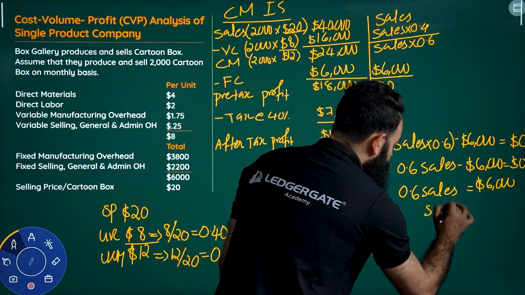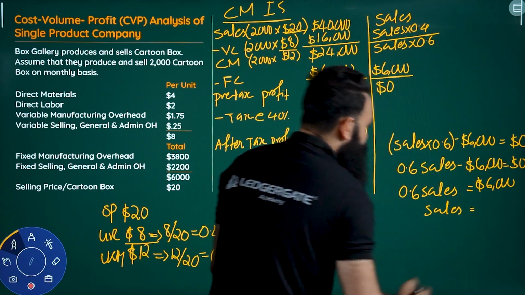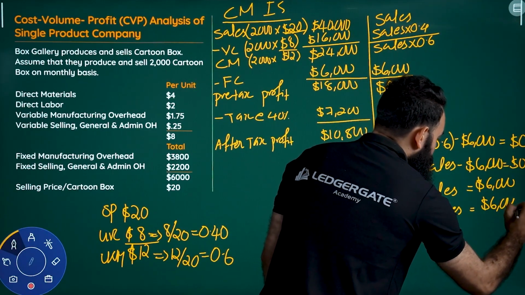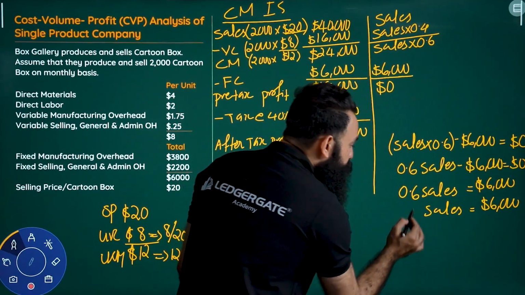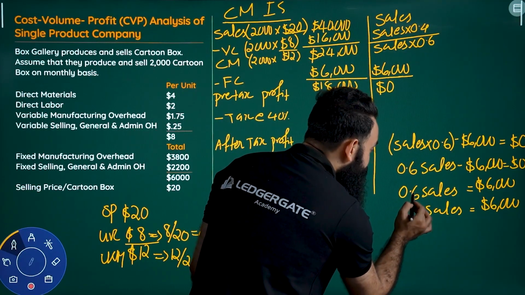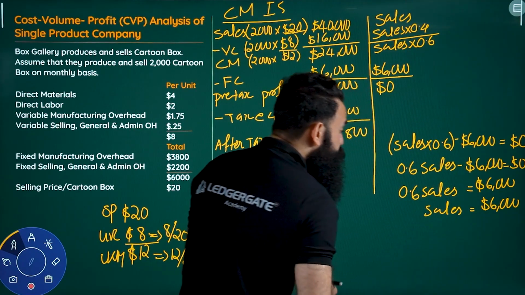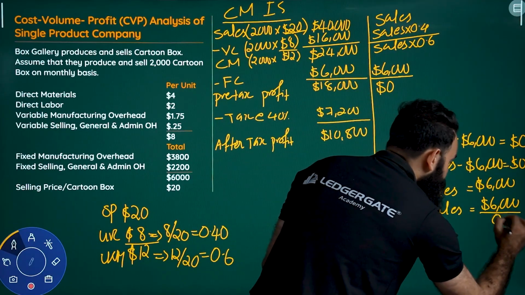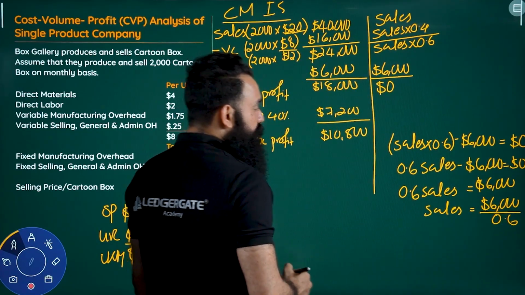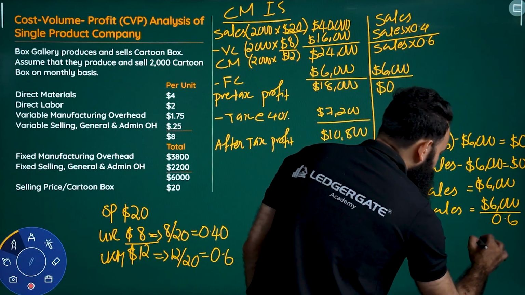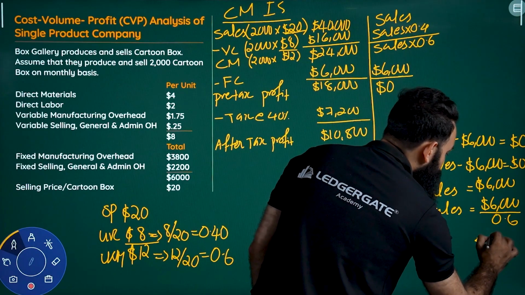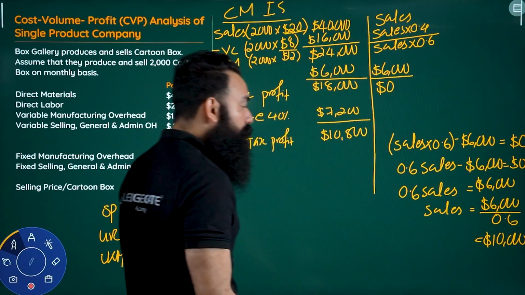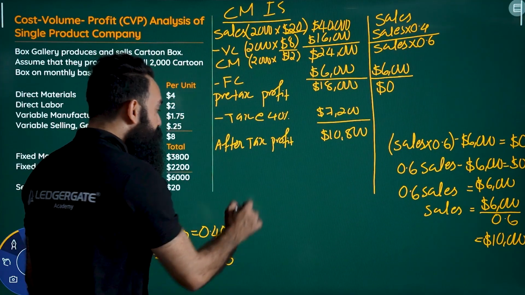Sales is equal to 6,000. What we need to do here, 0.6 into sales. Here it's multiplication. We are bringing this to rightwards. Then it will become division. Multiplication will become division, right? So sales is equal to 6,000 divided by 0.6. That would be how much? $10,000.